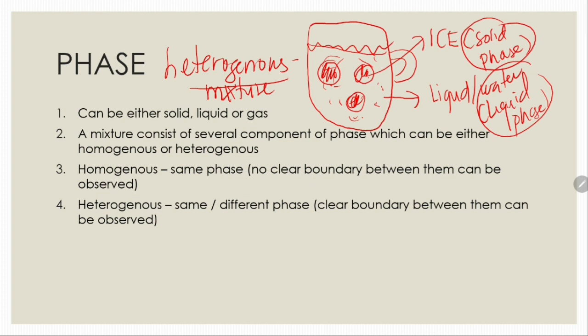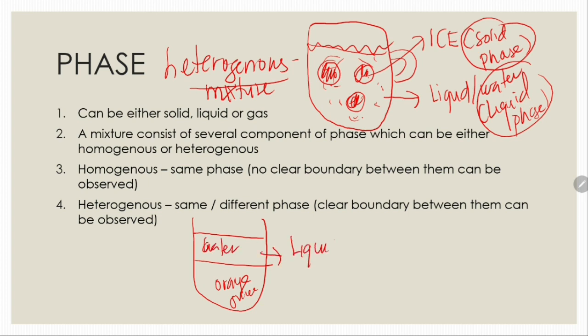Okay, so let's look at a homogeneous mixture. I have orange juice, and I'll try to dilute it. I add water, so it's actually one liquid phase, water, and another liquid phase, your orange juice. So in the same mixture, I have two phases of the same type, which are liquids.